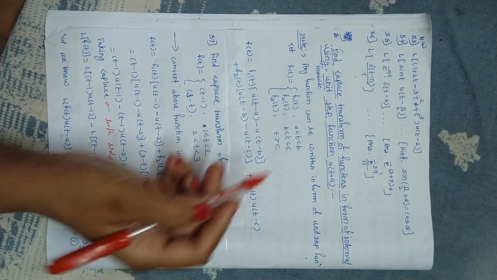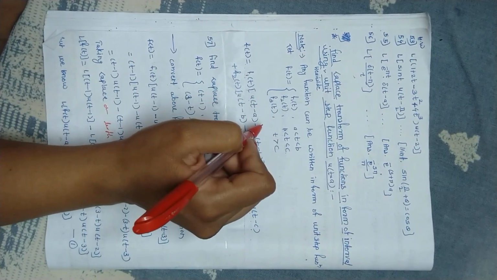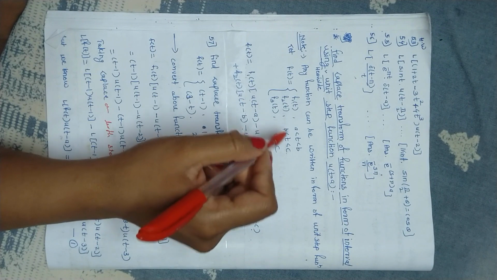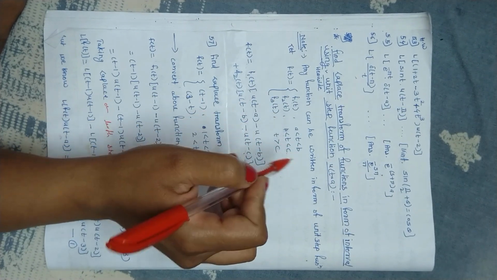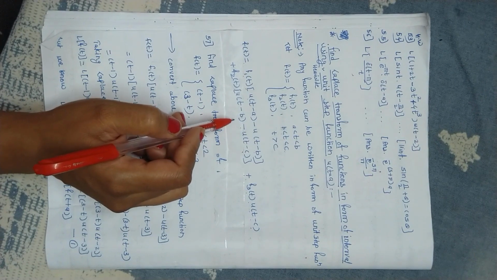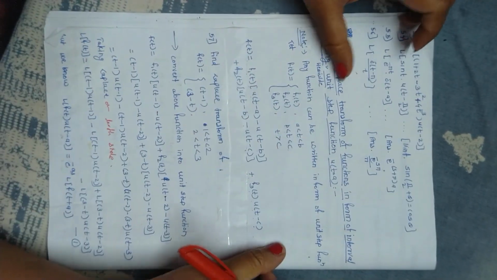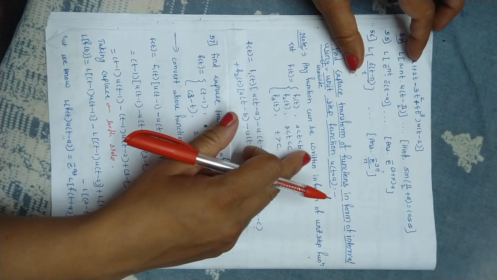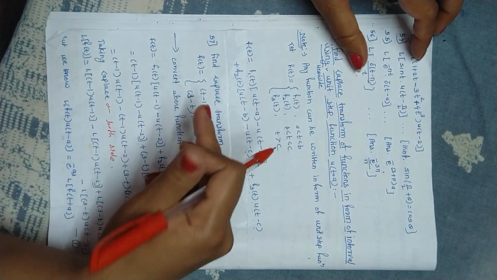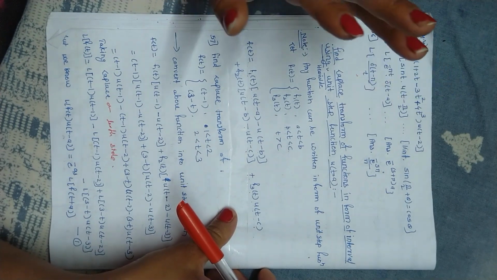If suppose there is one more interval, suppose there are 4 values, then in the same fashion you write that term also. Just go on adding these terms like this. This is called the conversion of the function given in the interval form into the unit step function. Then we can take its Laplace very easily using earlier examples.